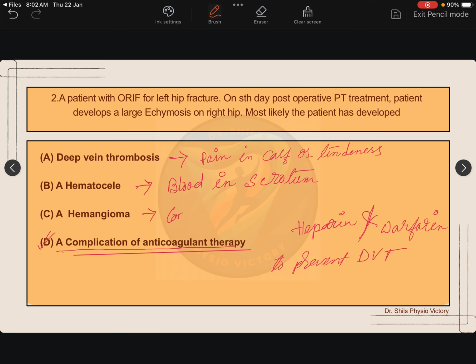Hemangioma is basically a congenital vascular lesion, or it is a birthmark.